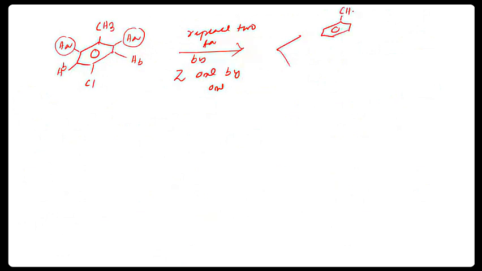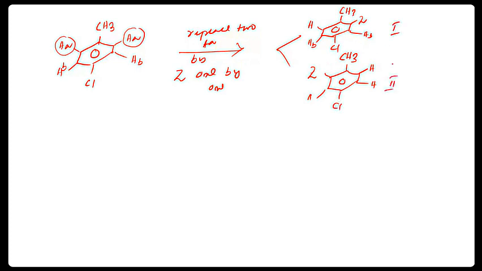Here CH3, let's say this Z, and this is H, HB, Cl, and here CH3, Z, H, H, H, Cl. Think this is 1 and this is 2. Basically, if you turn the molecule just 180 degrees, this will convert it to 2. So basically, 1 and 2 are the same molecule.